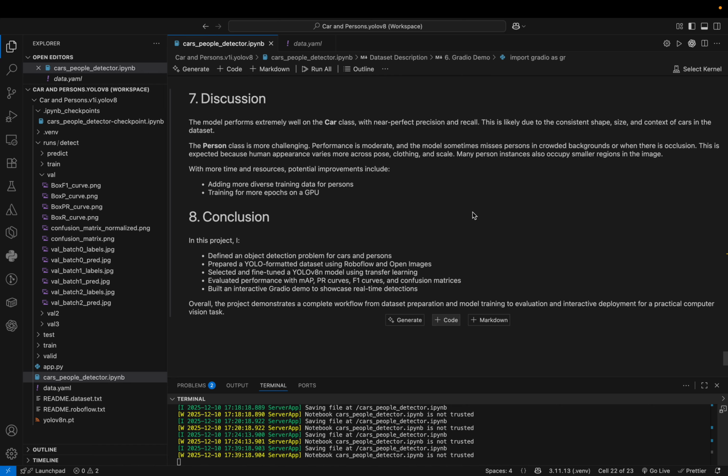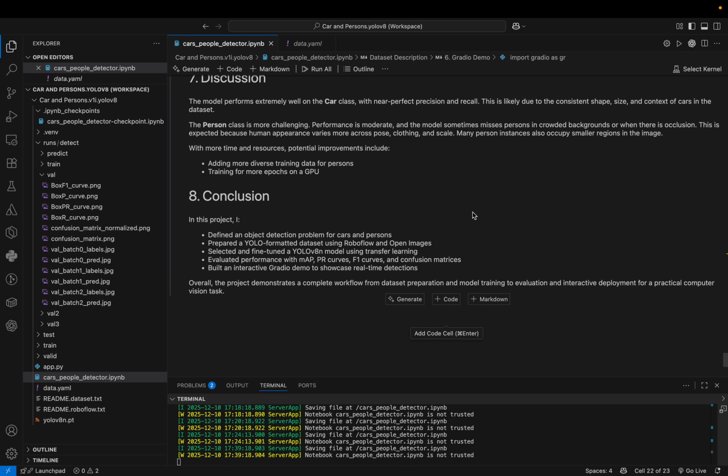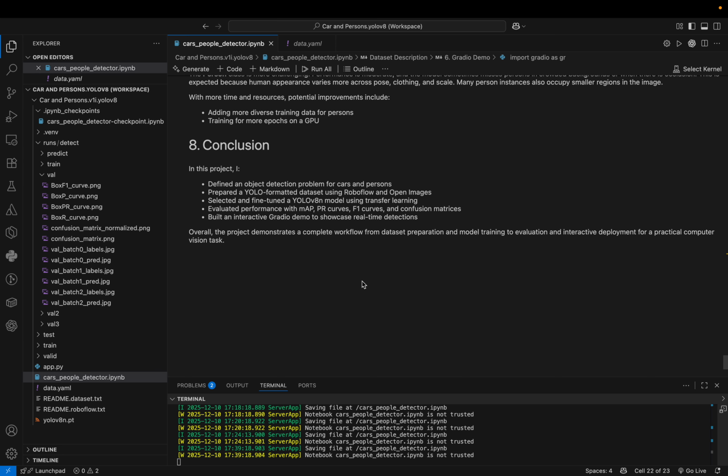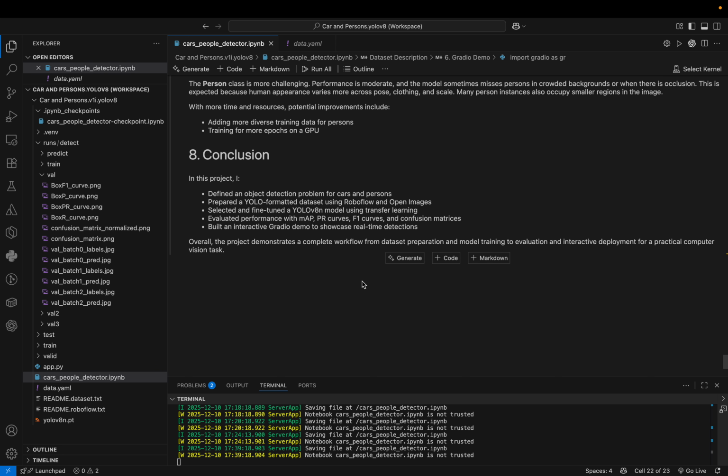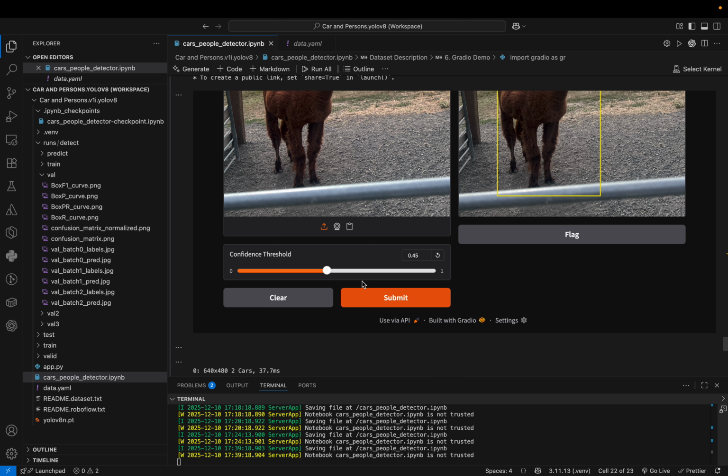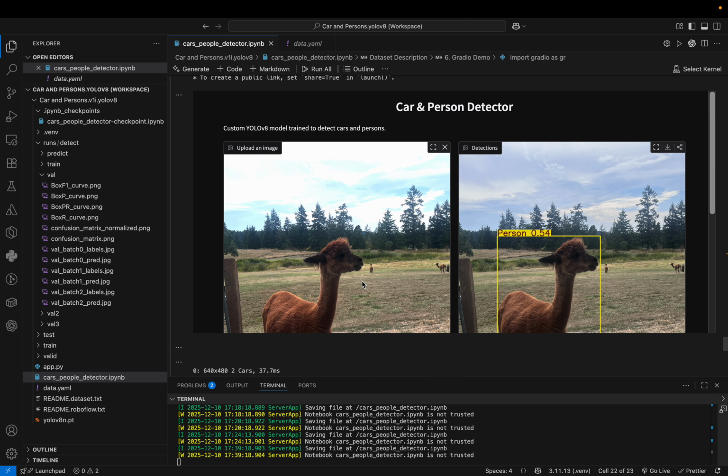I would also detect both classes in one image instead of just one class in one image. So overall, this model is not so bad, because at the end it's 79% accurate.